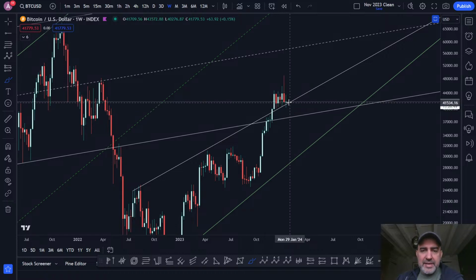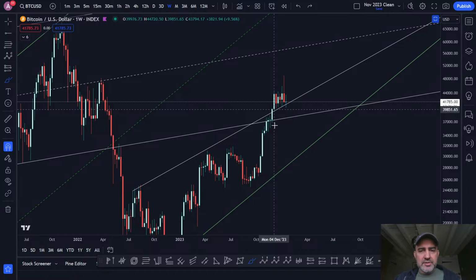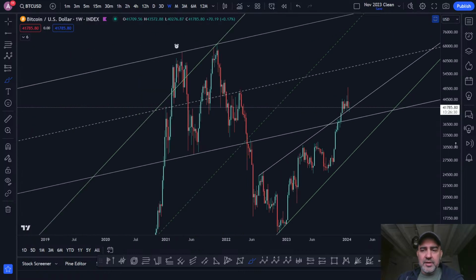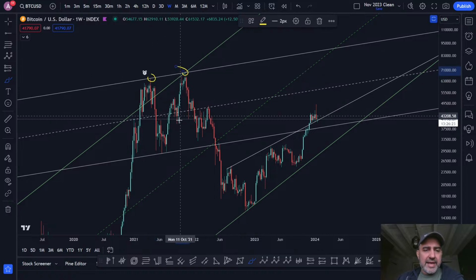But I think as long as we're holding this channel, it could still push us up. And it's not a channel, it's like a back testing of a trend line potentially. So until we lose this on the weekly time frame, I wouldn't necessarily get bearish. Beyond that, we have this higher time frame bull market channel. It clearly acted as support and resistance, and the midpoint was effective.